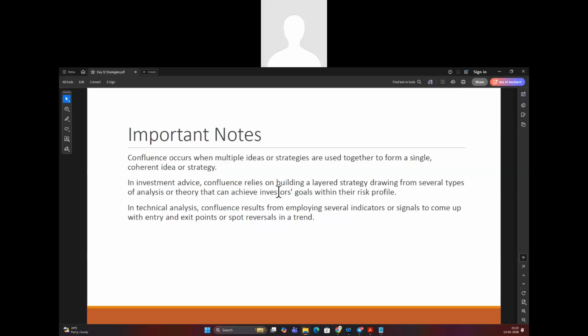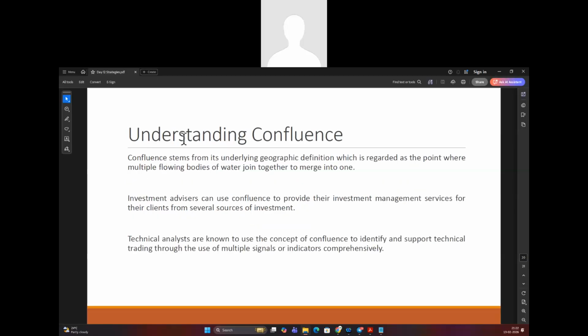In investment advice, confluence relies on building a layered strategy, drawing from several types of analysis and theory that can achieve investors' goals within their risk profile. In technical analysis, confluence results from employing several indicators or signals to come up with entry and exit points or spot a reversal in the trend.